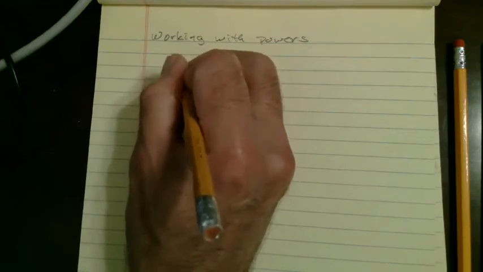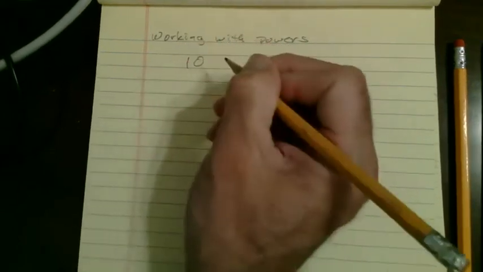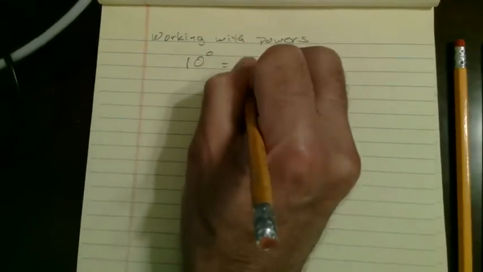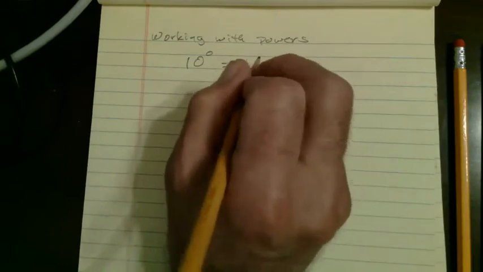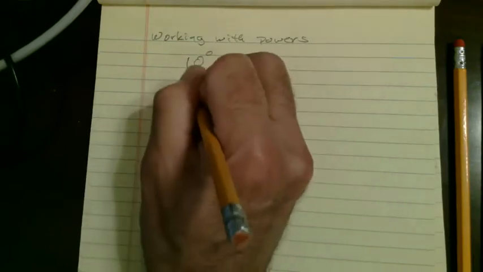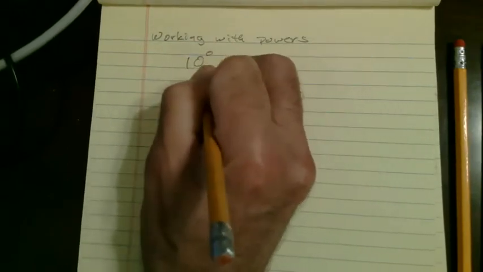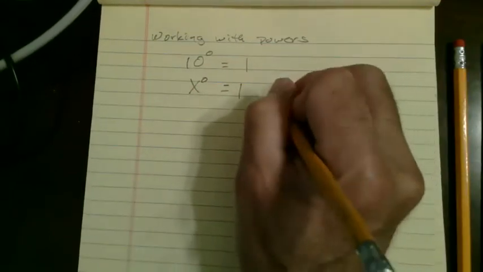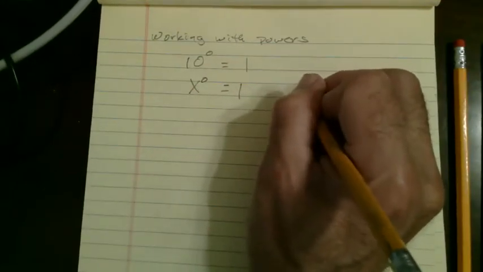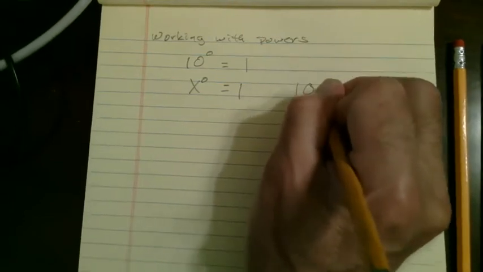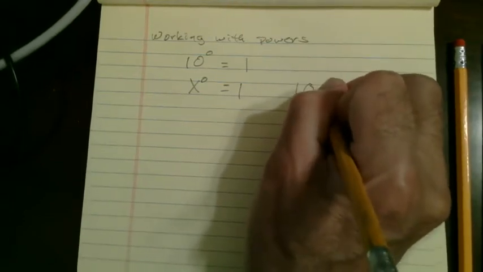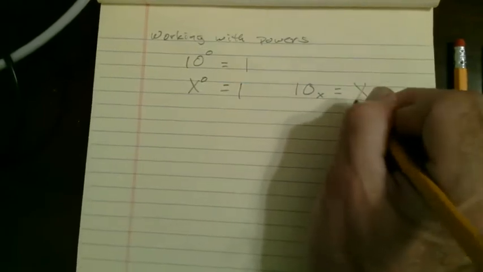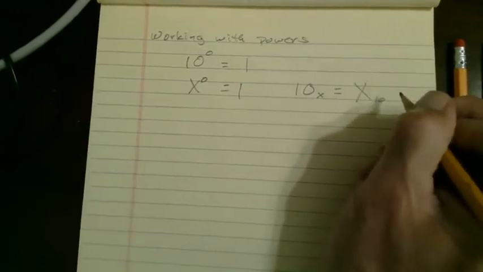If you take some number, say 10, and raise it to the 0 power, that number always equals 1. That's our starting point. So what we say is x to the 0 equals 1, or another way of thinking of this is if we say 1 0 base x, that is always going to equal x base 10.